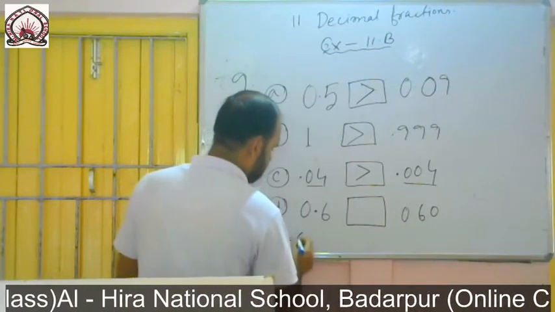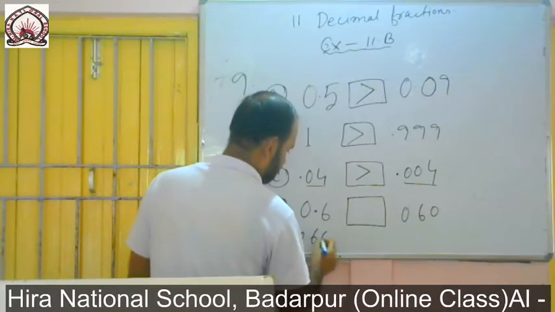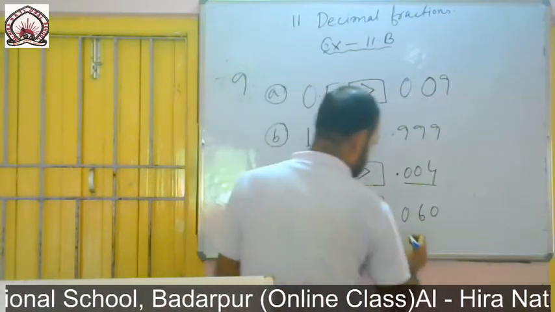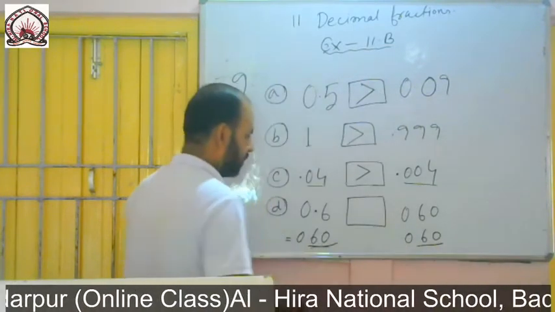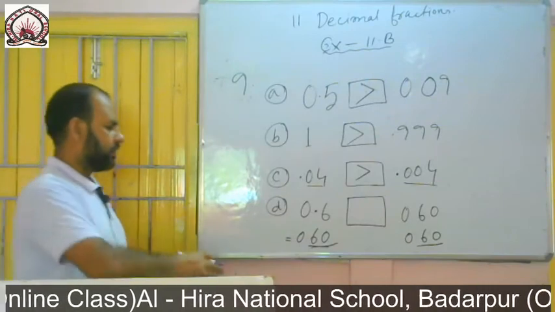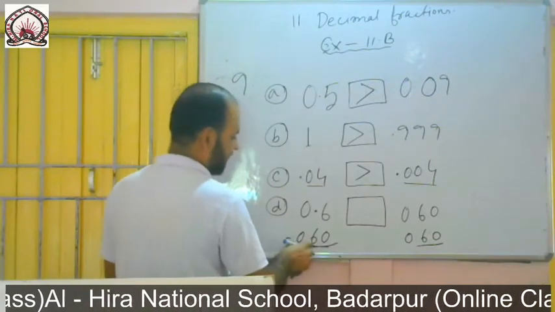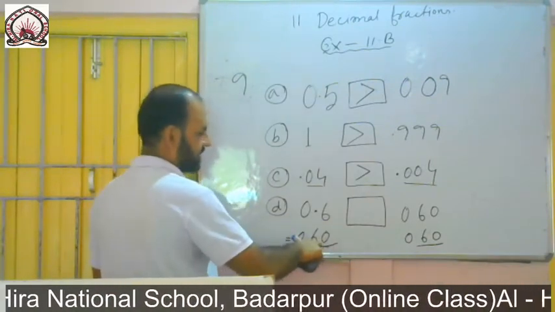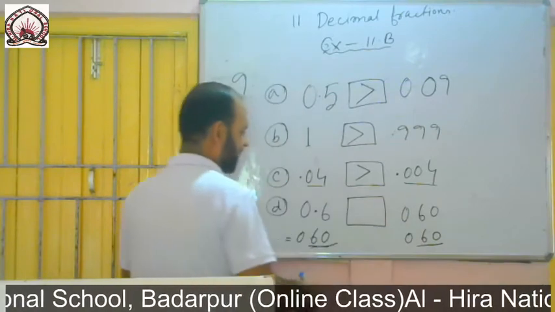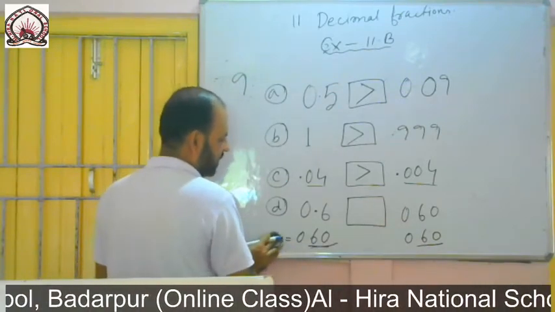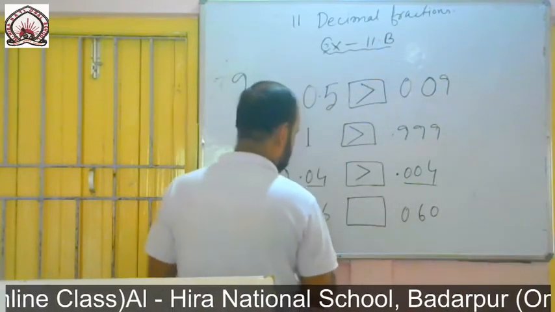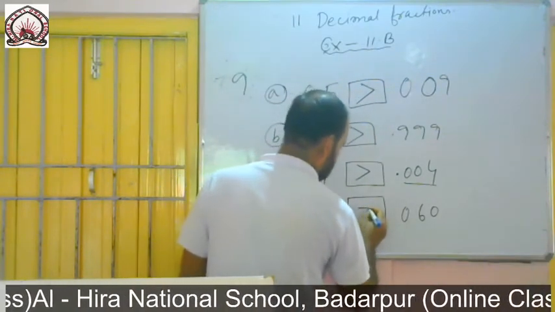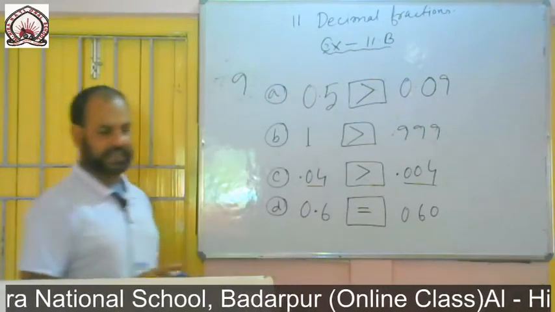We get 0.60 and 0.60, so after the point we get 60 on both sides. That means both decimal fractions are the same.